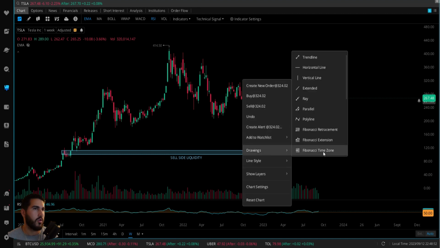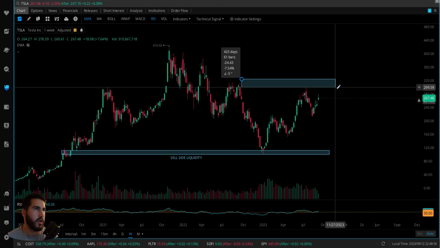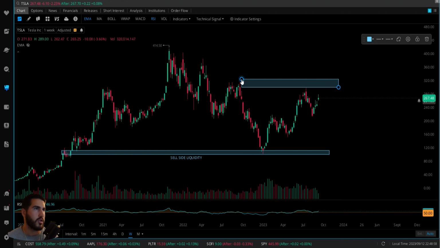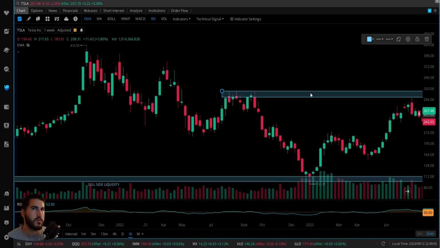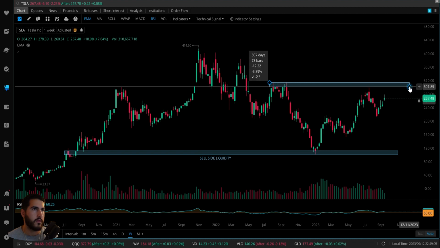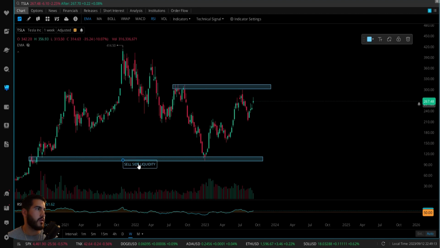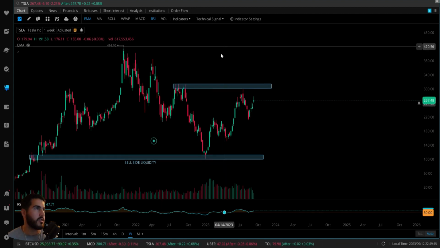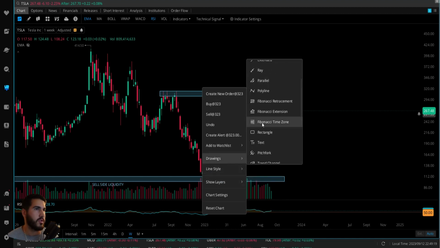So let's draw a rectangle here as well for our buy side liquidity on the weeklies. So this is a potential target for us to start taking profits on this trade.